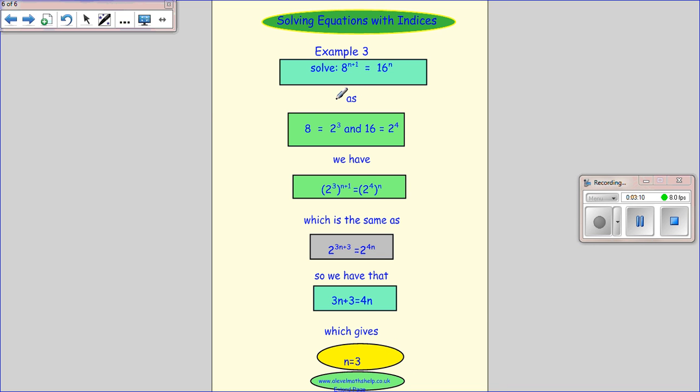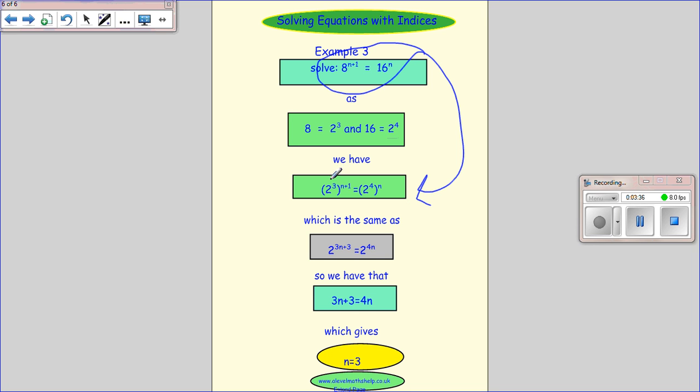And then here we've got slightly harder because there's an extra stage. We've got 8 to the power of n plus 1 equals 16 to the power of n. So hopefully you can recognize with 8 and 16, they're all to do with powers of 2. So 8 is 2 cubed, 16 is 2 to the power of 4. And so then we can rewrite this one like this.